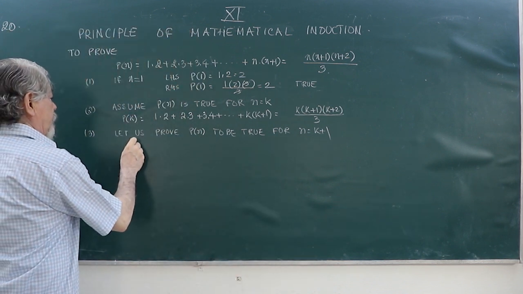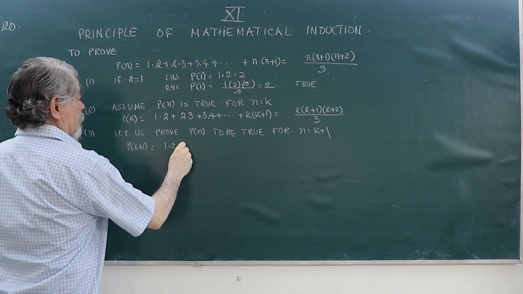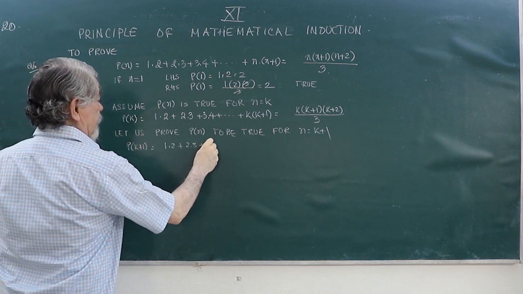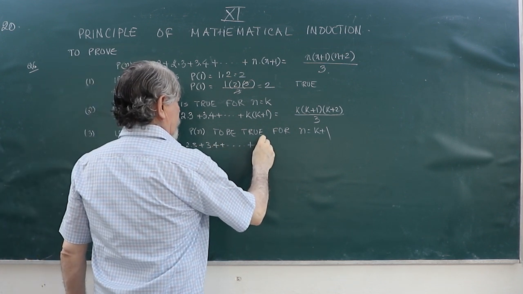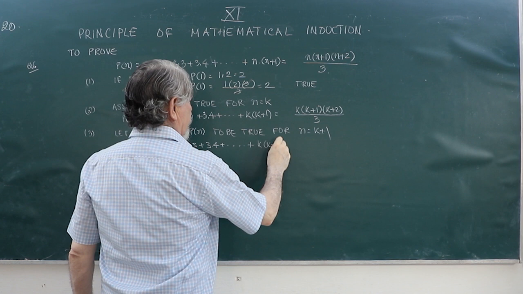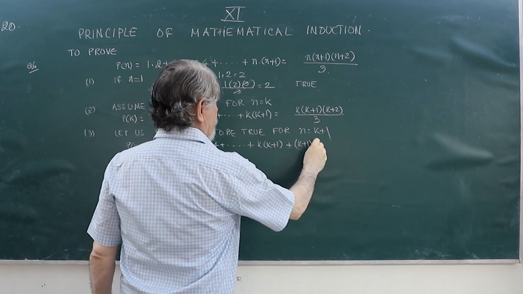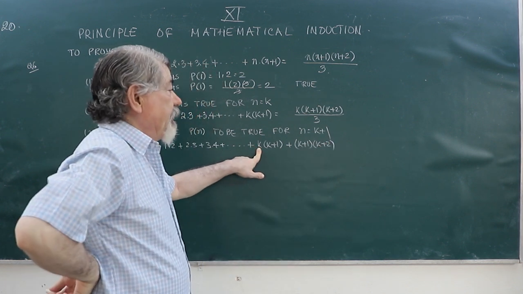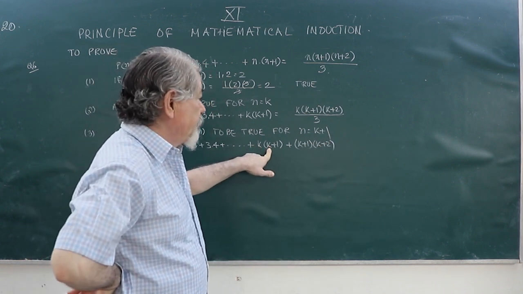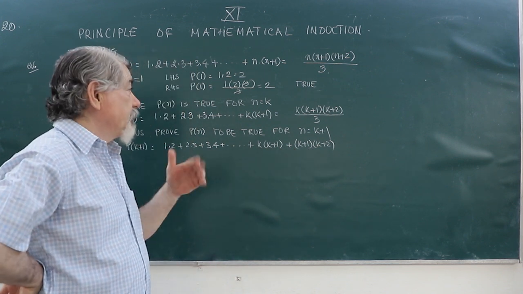So Pk plus 1 will be 1 into 2 plus 2 into 3 plus 3 into 4 plus so on, k into k plus 1, and the next will be k plus 1 and k plus 2. Because k will be replaced by k plus 1, it will become k plus 2. So we will be adding these steps.